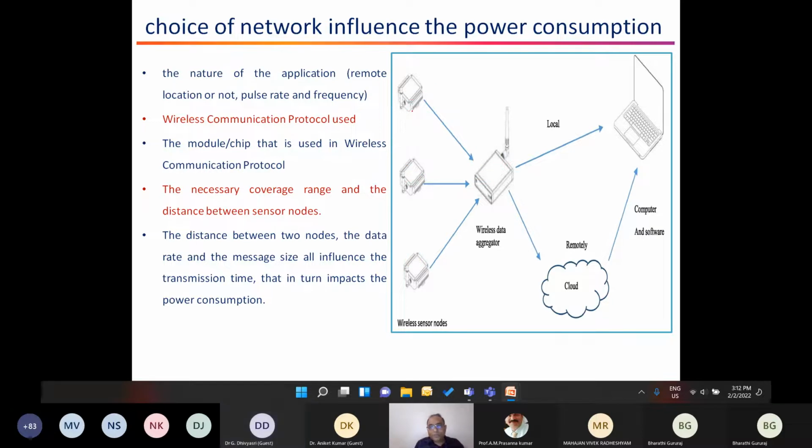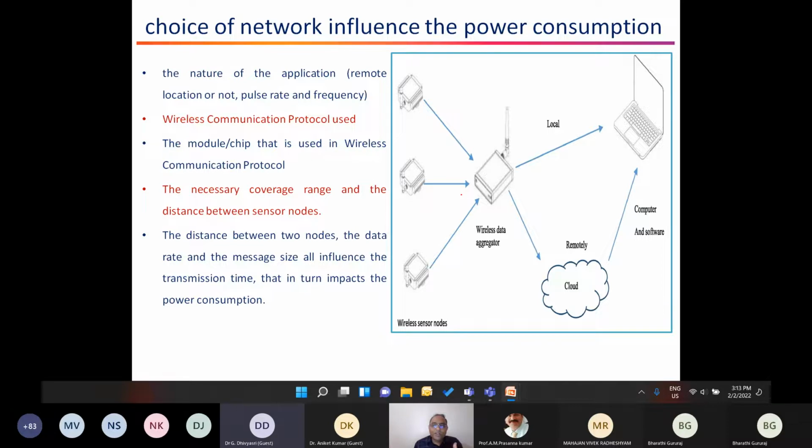As far as power consumption is concerned, there is always a huge challenge: how many sensors you have set up, to what distance they are able to send this information, and how long they are active. All these things come into the picture when we try to understand power consumption. Remember that it's not only the battery manufacturer that gives the exact figure of the power consumption.